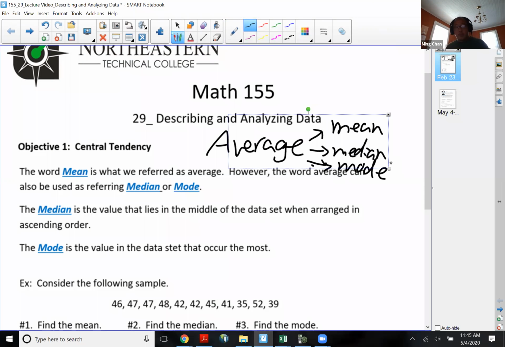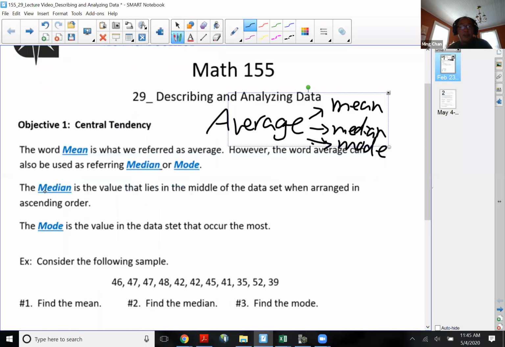Whenever you add them all up and divide by how many you added, that's called the mean in statistics. The median is the value that lies in the middle of the data when we arrange the entire data in ascending order from the smallest to the largest. The mode is the data that occurs the most.